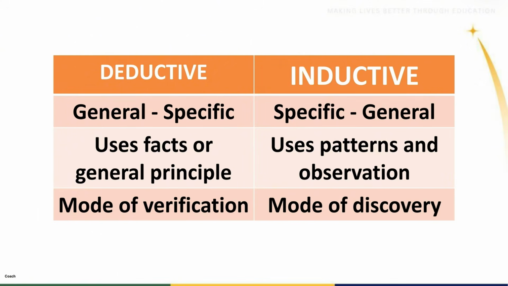Deductive reasoning is associated with verification, while inductive reasoning is associated with discovery. Here is an easy way to remember them. Deductive, general to specific. Inductive, specific to general. If you remember those two directions, you can easily identify which type of reasoning is being used.